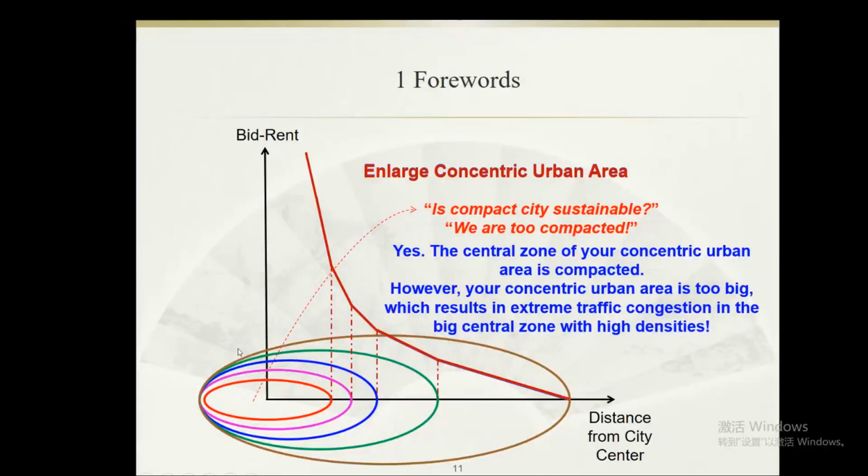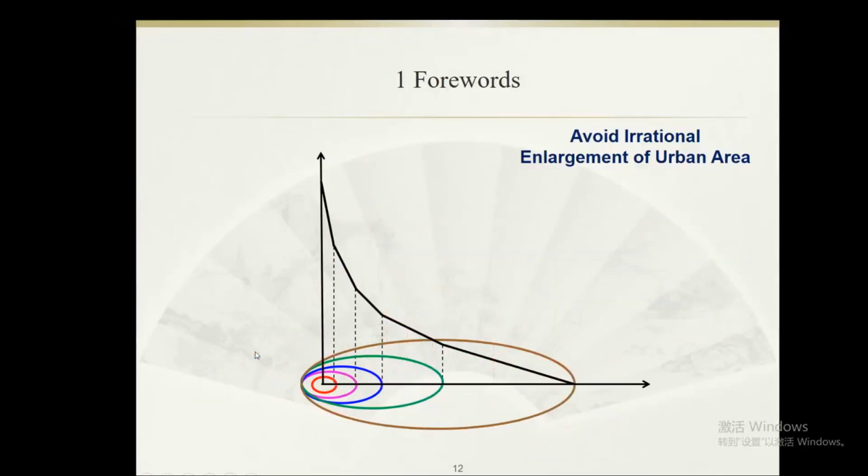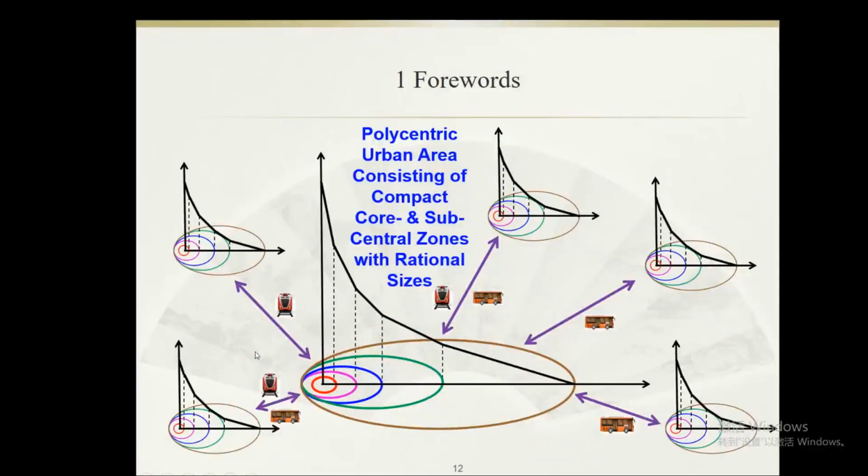But somebody will ask me, well, the city needs to grow. We need to develop our city. How? This is how. Never make one center of a city too big. If the city wants to grow up, make more centers.